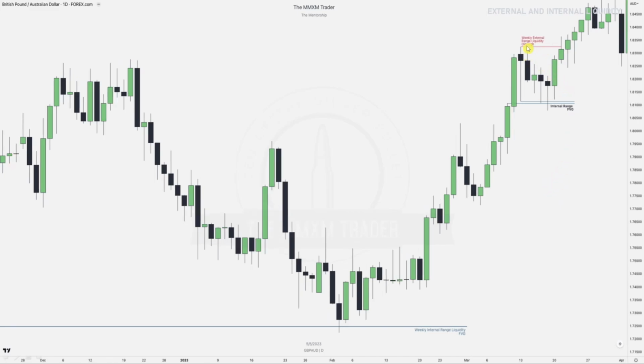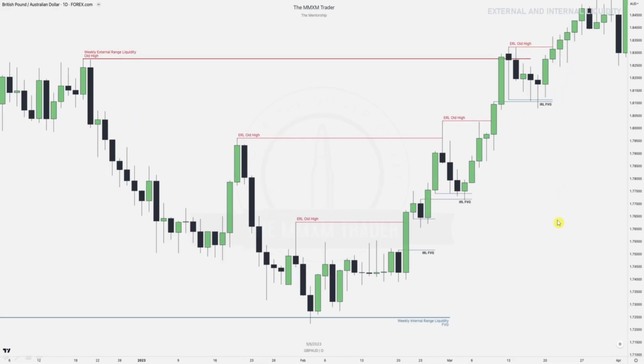Again, external, and then with all the annotations together, you can see how this is forming, right? Think about that extreme high. We're going to, and this high, we raided an external range liquidity over here. Remember, so we're drawing into a weekly internal level. Weekly internal level is down here, right? That fair value gap. Now we're looking for a buy program, buy side of the curve.